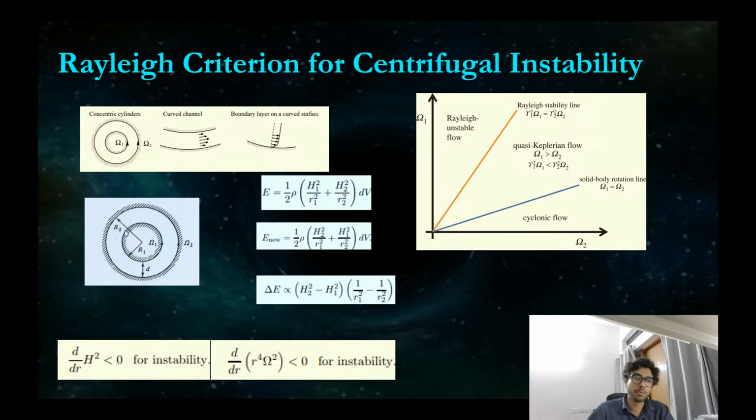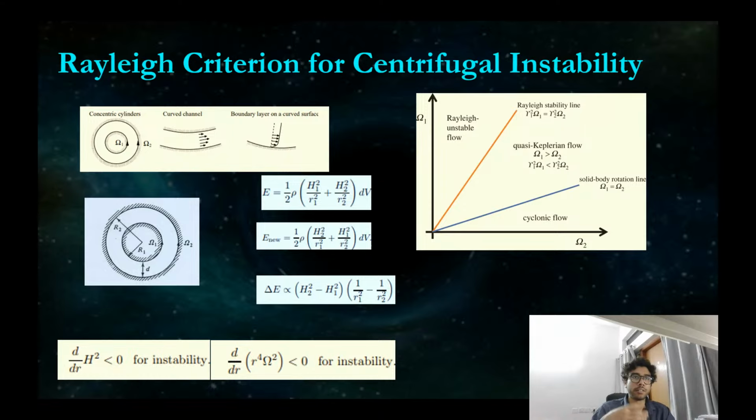So from r2 you bring that fluid to r1. So something which we have been doing in many cases. For example, if you remember in Schwarzschild instability, while we were trying to derive the relation for Schwarzschild instability, we actually took a bubble inside the fluid from one height to another height, right?